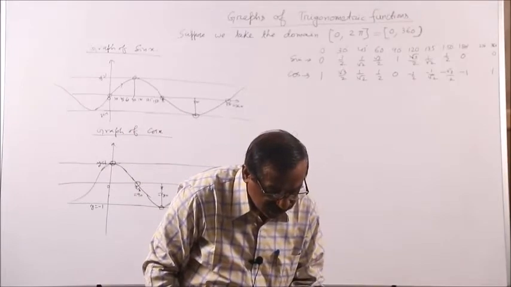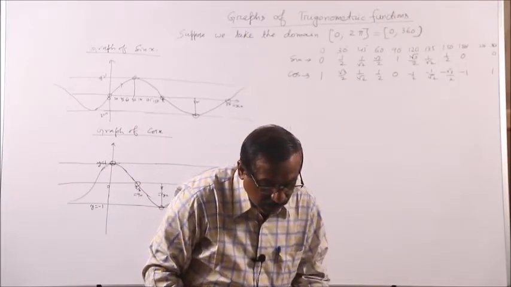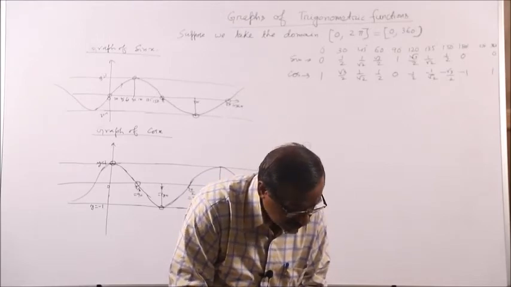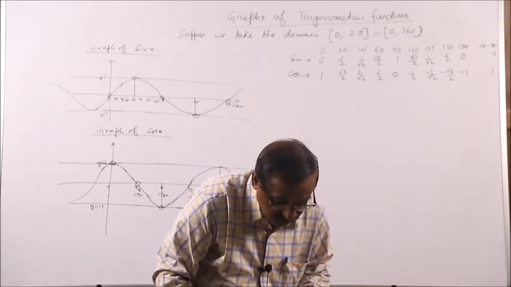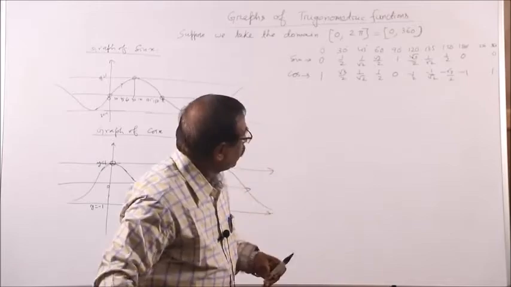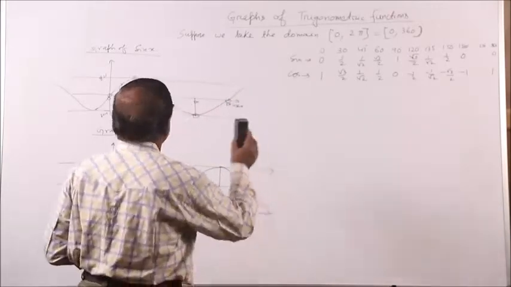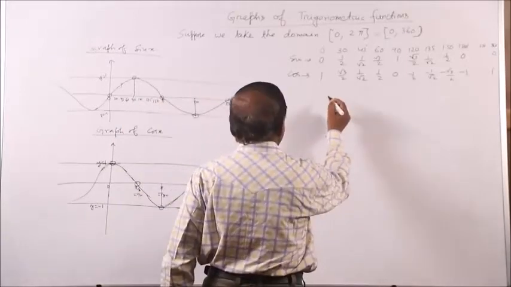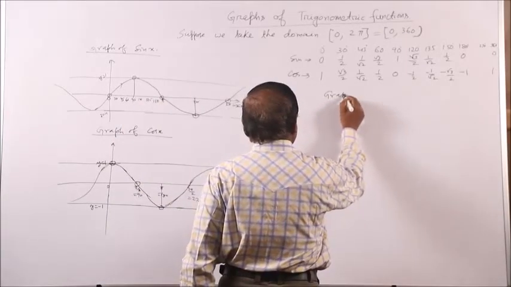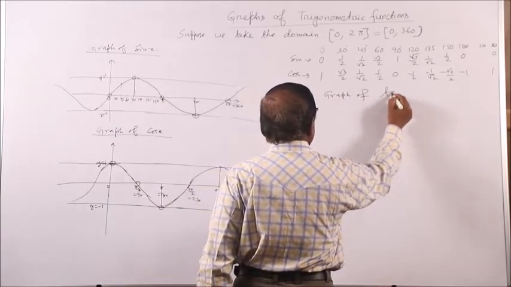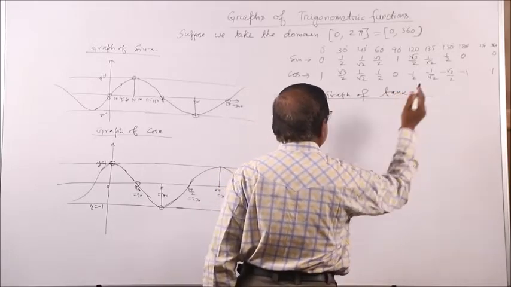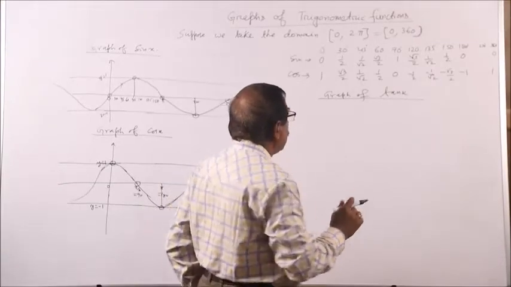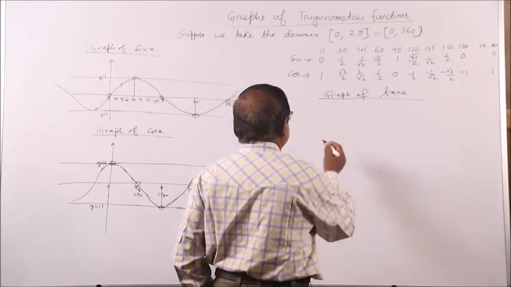We are more interested in these graphs, and I will tell you the graphs of tan x and cot x and sec x and cosec x. You can write here also graph of tan x, that is y is tan x.